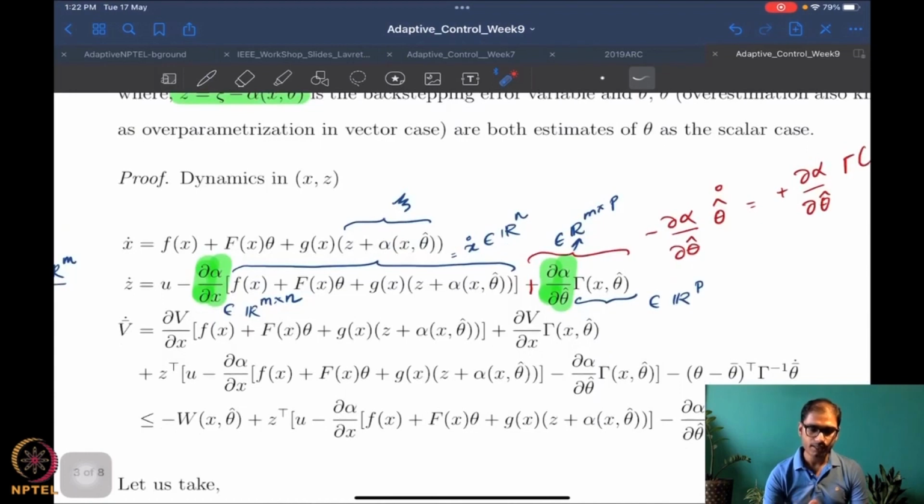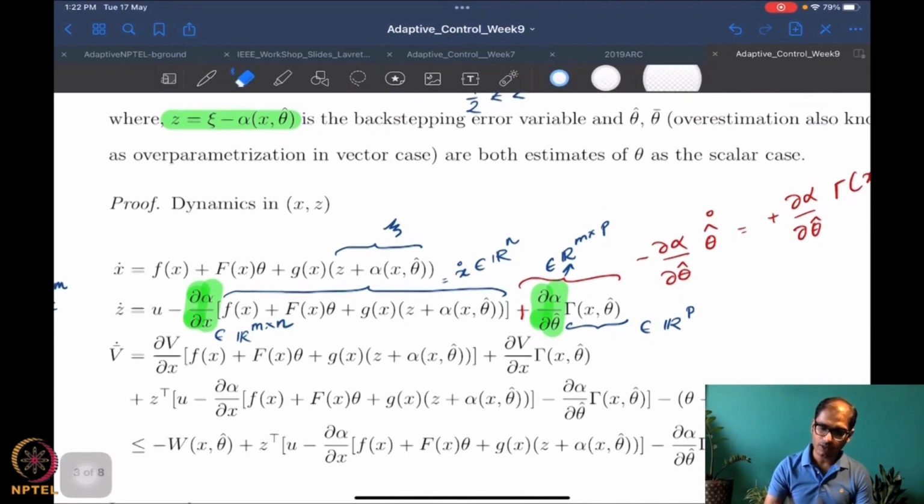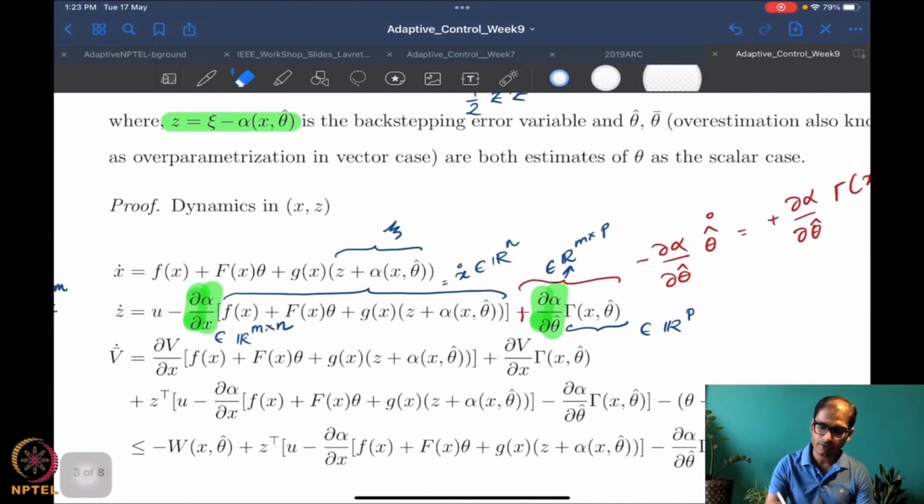So look at what alpha is. Alpha is a function of x and theta hat. What do I know about the dimension of alpha? Alpha is in fact a map from x states, R^n, and p states, R^p, that is theta hat states, to R^m, the same dimension as psi.